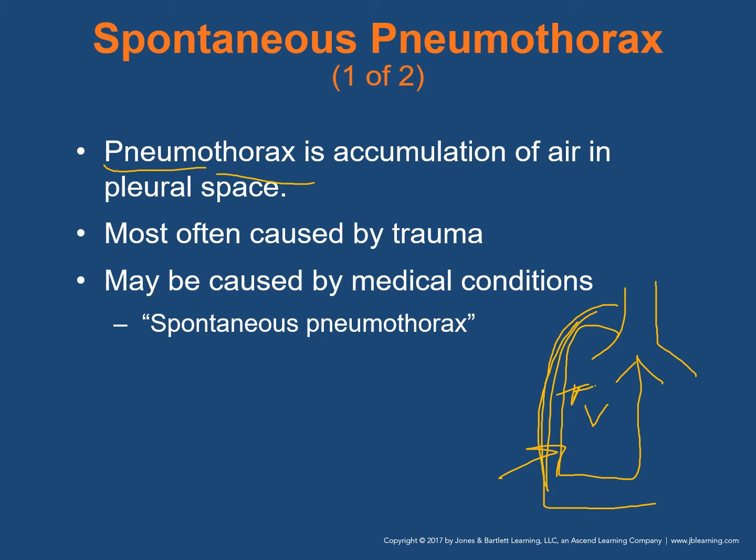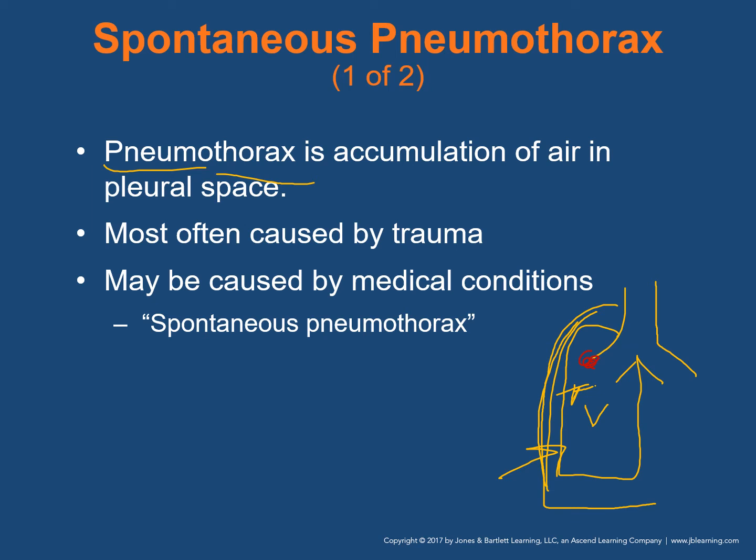So what happens in a pneumo is maybe from trauma or from some sort of high pressure or something that causes weakened areas of the lung, they have a spot where they bleb or burst. And it can be from a gunshot, for trauma. It can be from a broken rib that damages that lung.